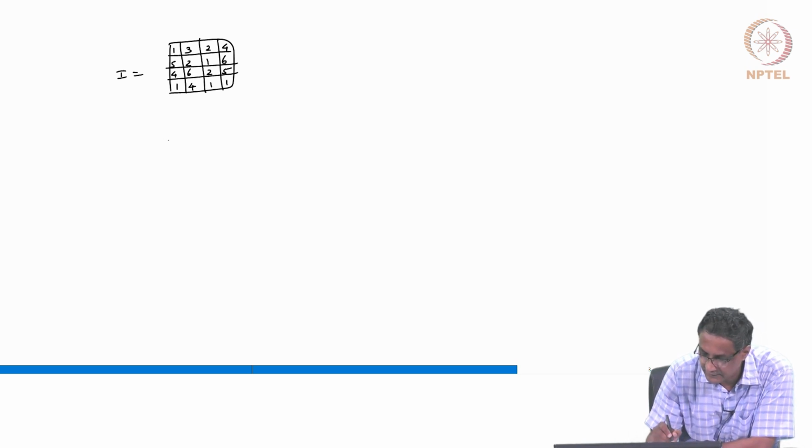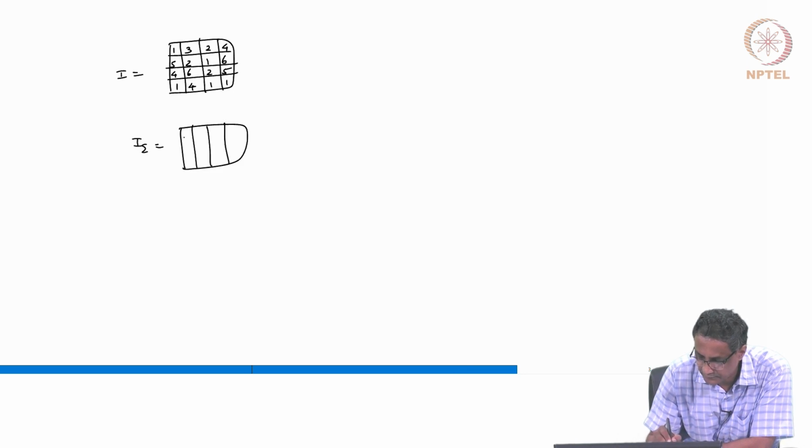This was I, the example that we had taken, and for this we got an I sigma which looked like this, because it had zeros appended to it: 1 4 6 10, 6 11 14 24, 10 21 26 41, and then 11 26 32 48, and then we had appended zeros on the outside.